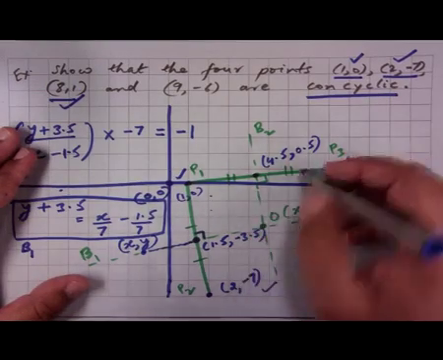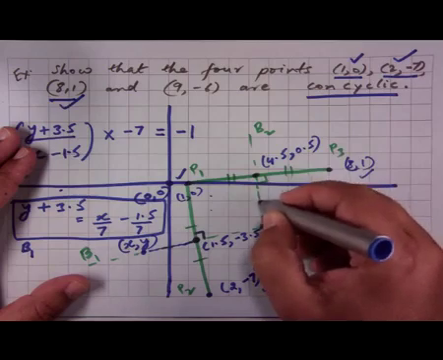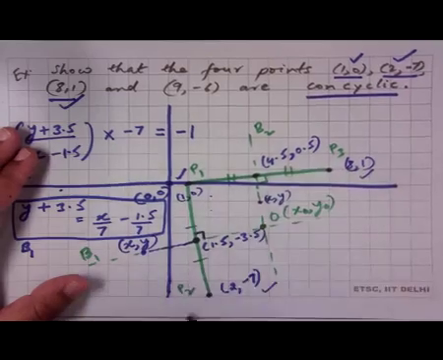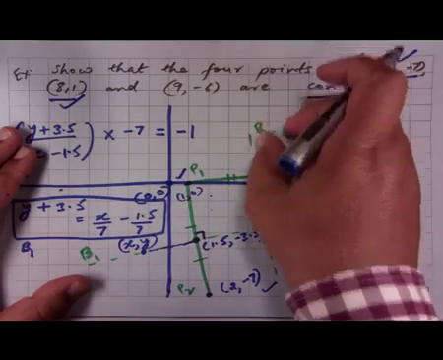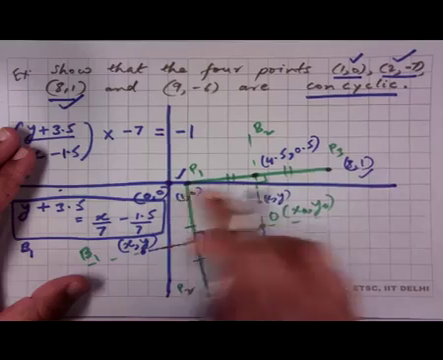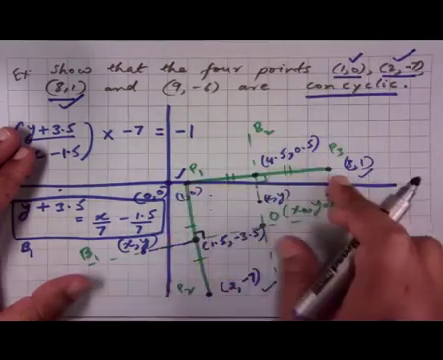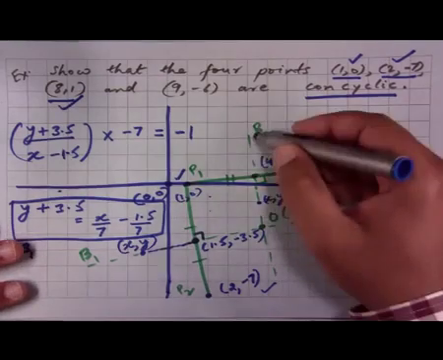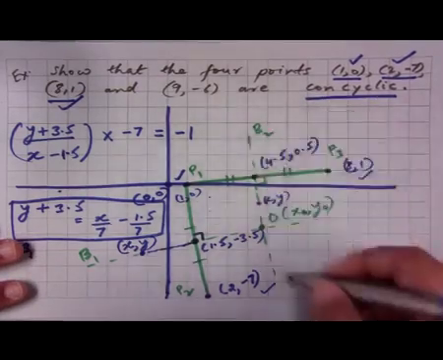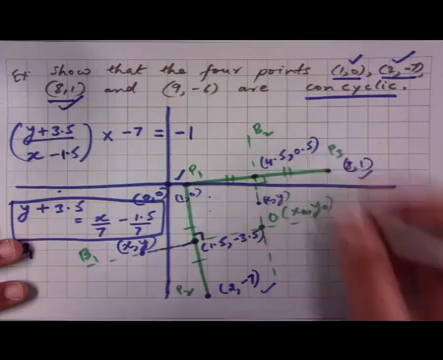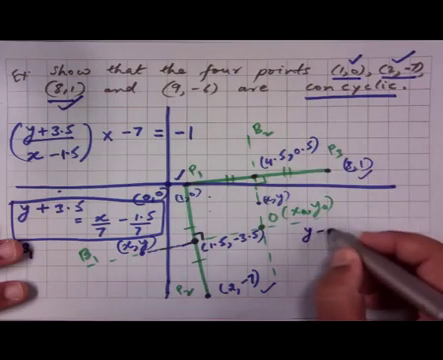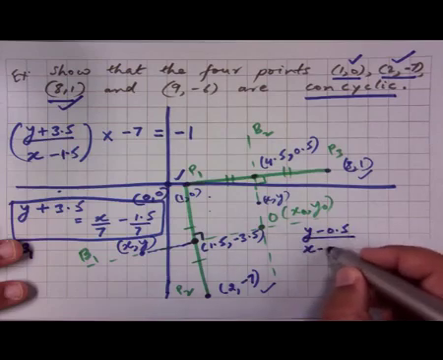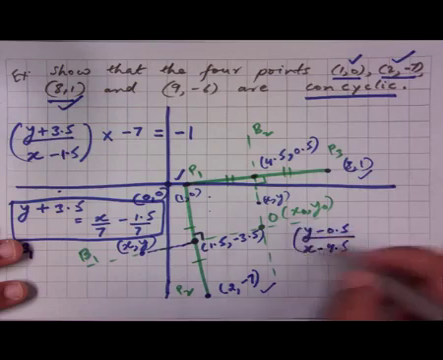Now, if we have any point having coordinates x and y on this perpendicular bisector of the chord P1, P3, then the slope of this perpendicular bisector B2 is y minus 0.5 divided by x minus 4.5.